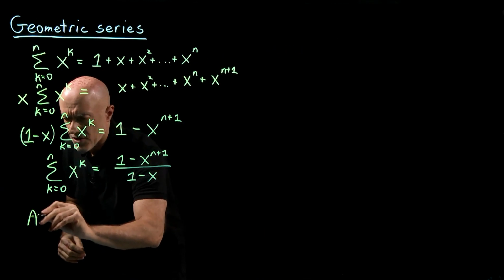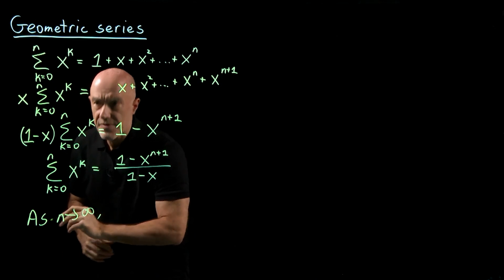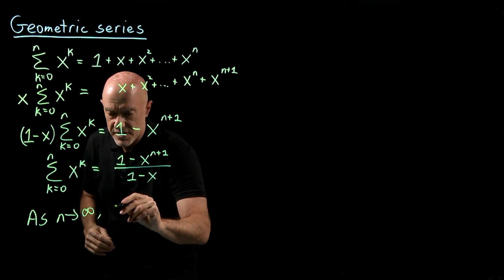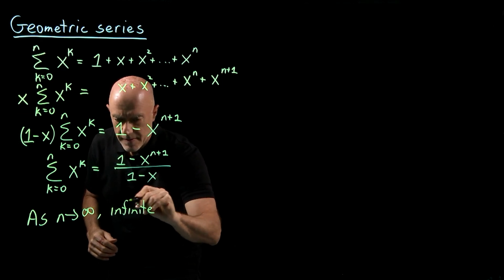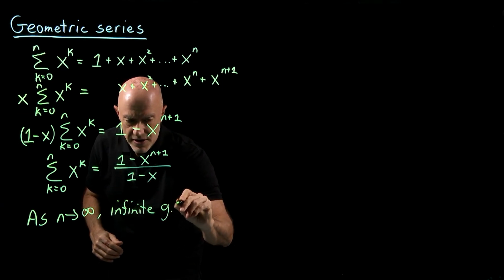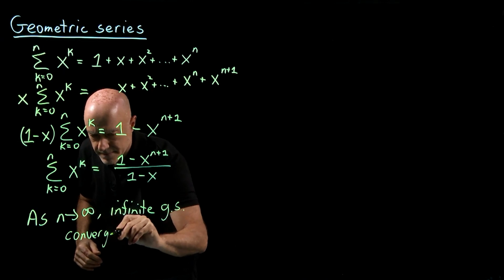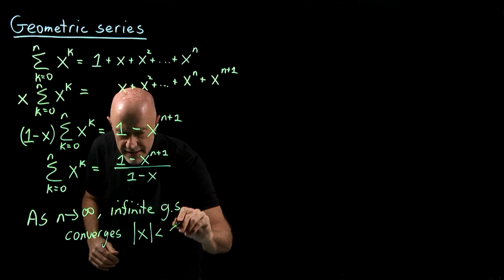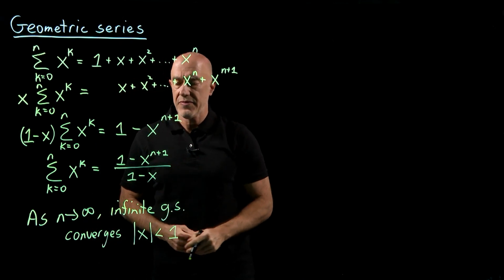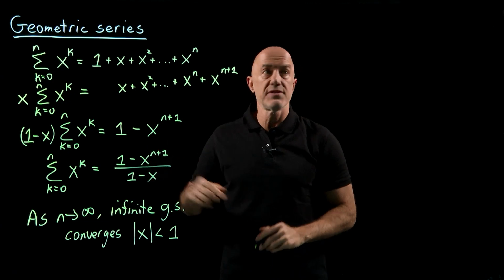So as n goes to infinity, the infinite geometric series converges as long as the absolute value of x is less than 1. And when that happens, this x to the n plus 1 goes to 0.